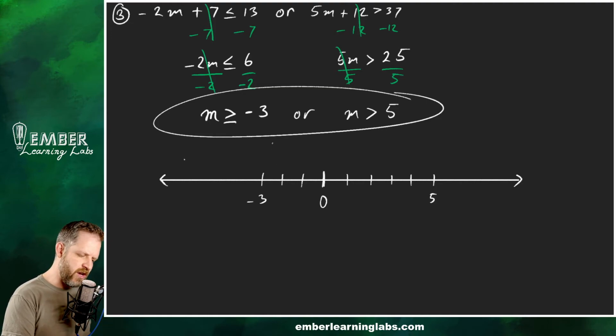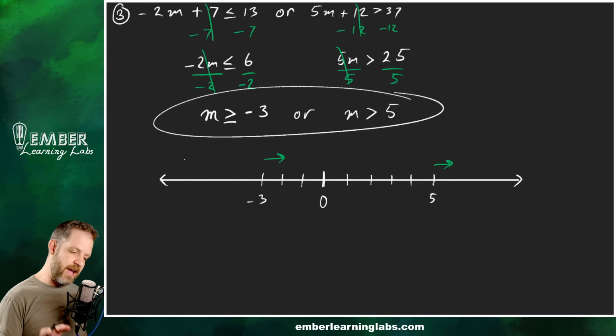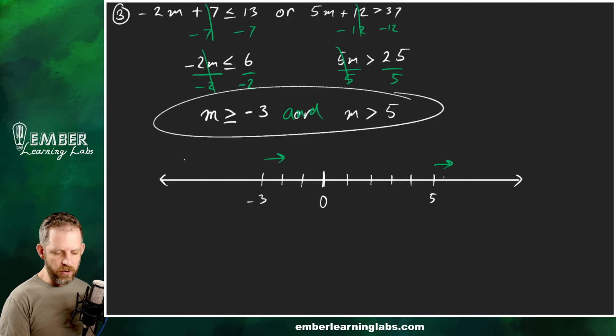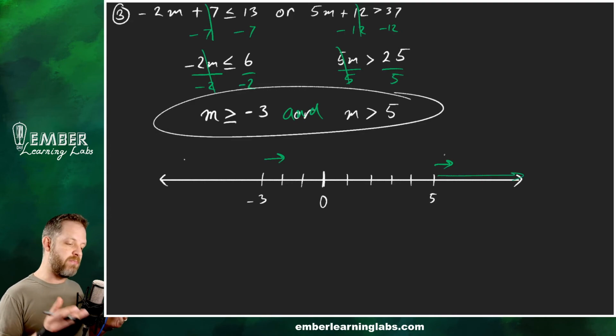Then we're going to check before I start shading circles, I want to start looking at this or this. So it's greater than -3. So that would be that direction. It's also greater than 5. So if this said and here instead of or, we would only shade here and over, right? Because it would have to do both of them.